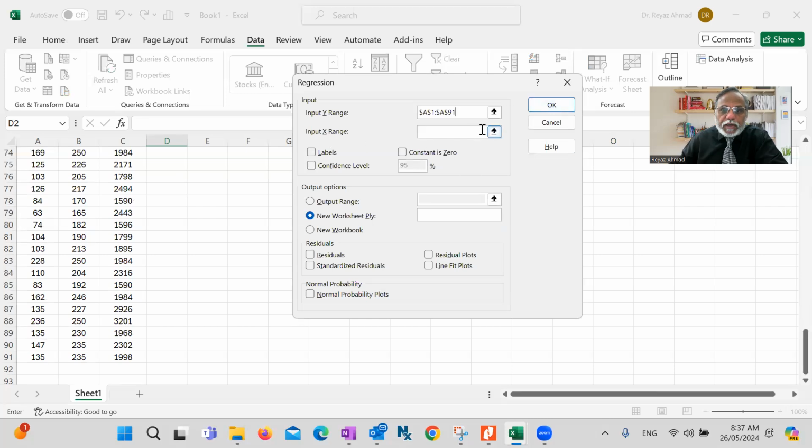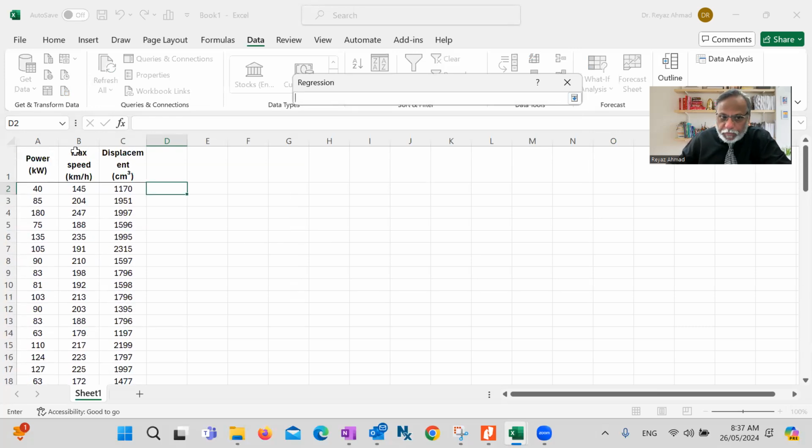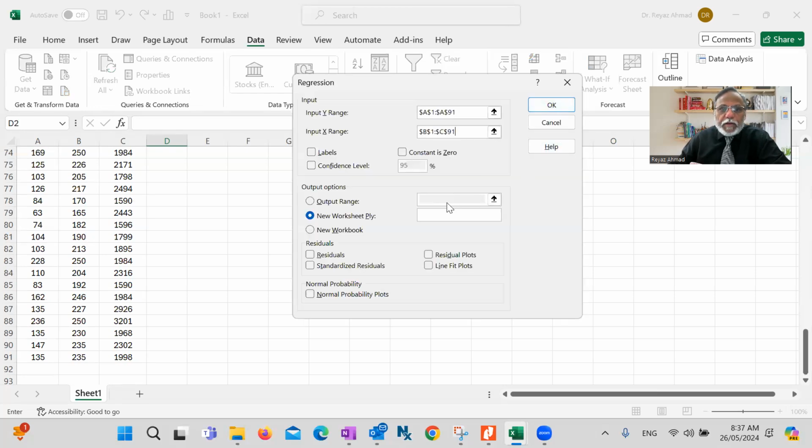Next, I will put the input X range. So I will select both the independent variables here, which are maximum speed and the displacement. So I selected them, and I also see here it is 1 to 91, so nothing is missing. So I check this. Now next I will check here the label, because I'm using labels, and the confidence interval is 95%.